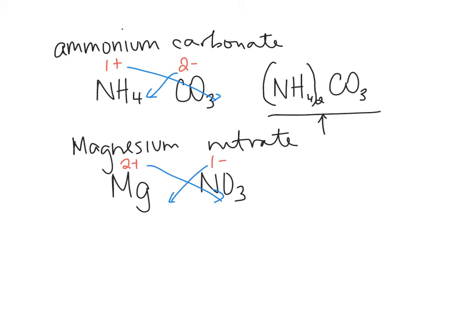So the 1 is going to go with the magnesium, the 2 is going to go with the nitrate. So Mg, and then NO3, and there's 2 of them, but it looks like there's 32 oxygens, so you put the nitrate in brackets and then the subscript 2 afterwards.